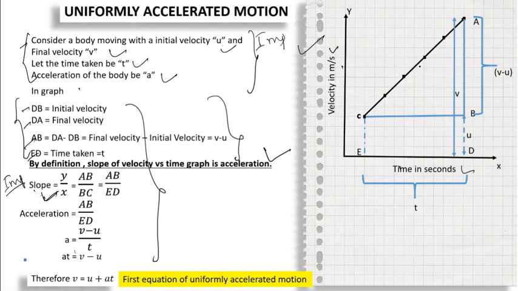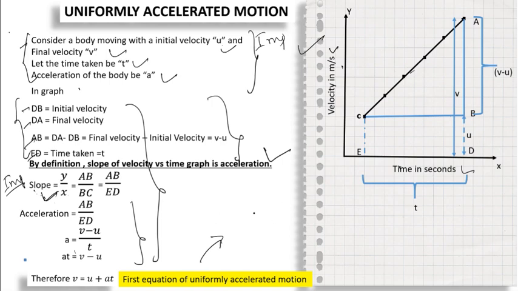That means you have to draw the graph. When you draw the graph, you have to mention what is u, v, t and a. All these steps are very important. The rest are simple calculations. So the final is v is equal to u plus at, the first equation of uniformly accelerated motion. We are going to solve as many problems on this. This is a very important equation.